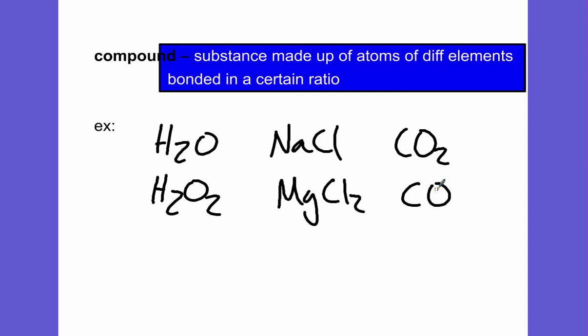Extremely toxic. It irreversibly binds with your hemoglobin, so you can't get oxygen to your cells. So that ratio does matter, right? And it's emphasized in these examples. So knowing whether it's two hydrogens, one oxygen, or two oxygens to two hydrogens, that does make a difference.